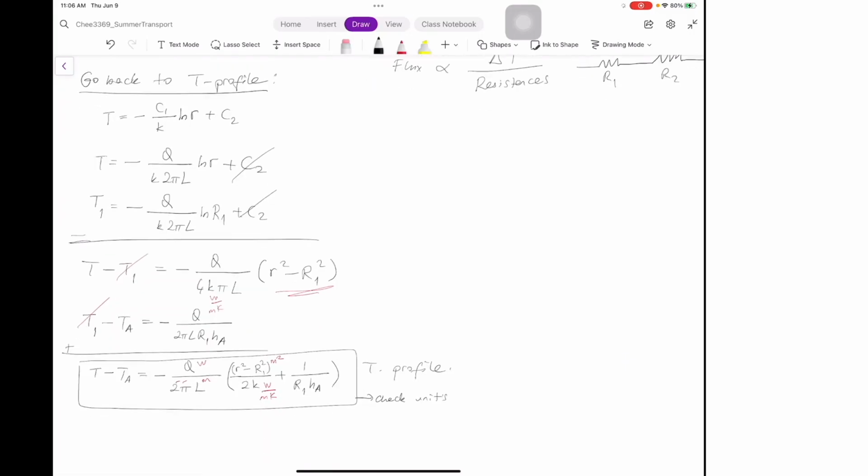There you go. I can't believe we did it. Okay, good. So this is 2. Logarithm of R over R1, because if you subtract ln R1 from ln R, you get ln R over R1. And this has the correct units, right? Now.